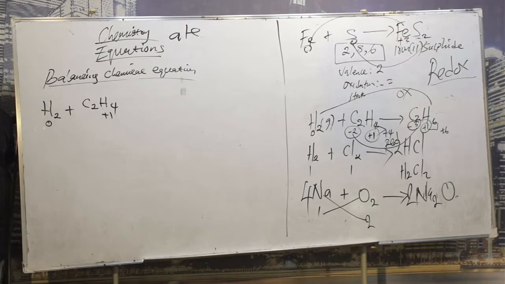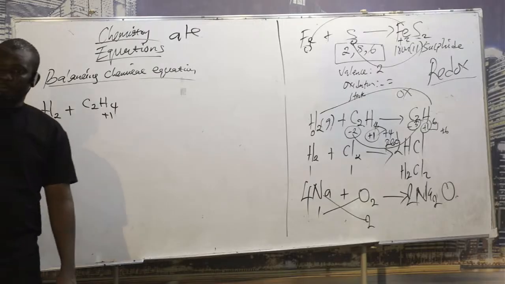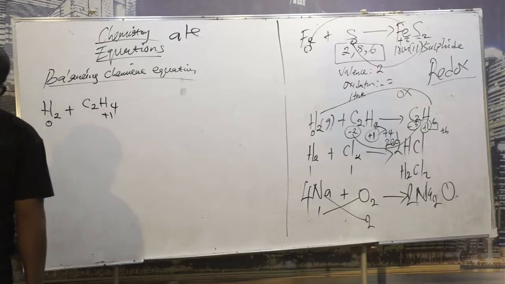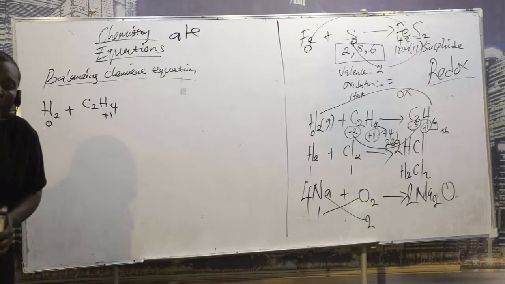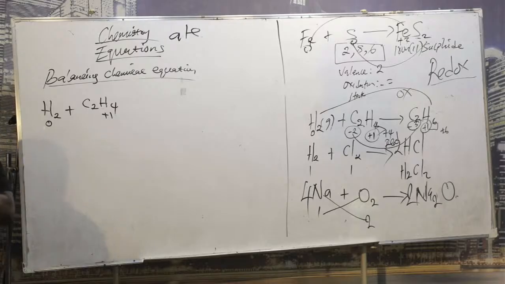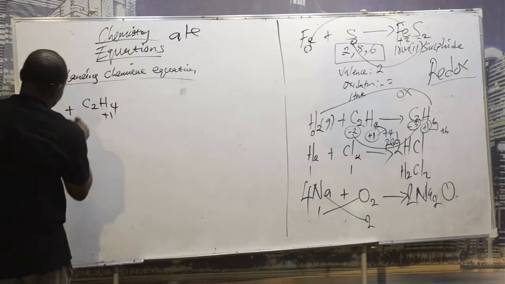There's a rule that says the oxidation number of hydrogen in each compound is plus 1. This is a compound of hydrogen. But how many atoms of hydrogen are in the compound? 4. Multiply 1 by 4. What do you have now? Plus 4. Then for the atoms of elements in that compound to sum to 0, it will mean that carbon here is going to be what?